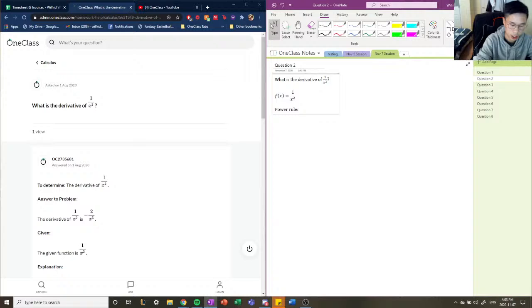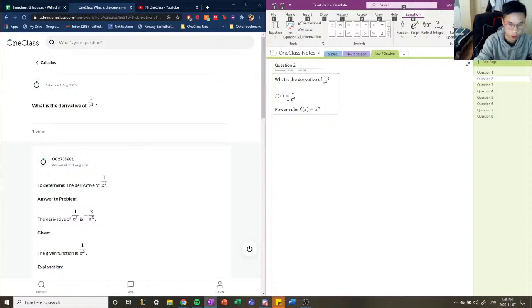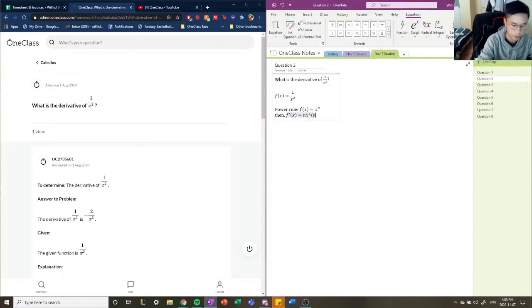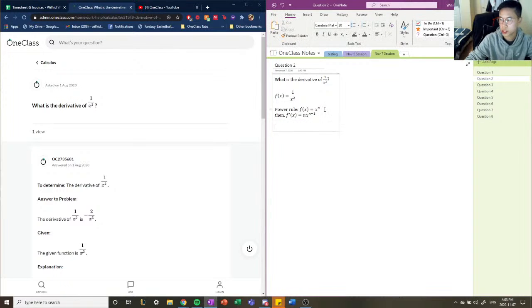Let's say f of x equals x to the power of n. Then f prime of x equals n times x to the power of n minus 1. Okay, so this is what the power rule describes.